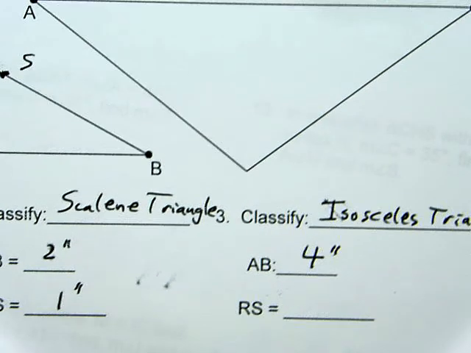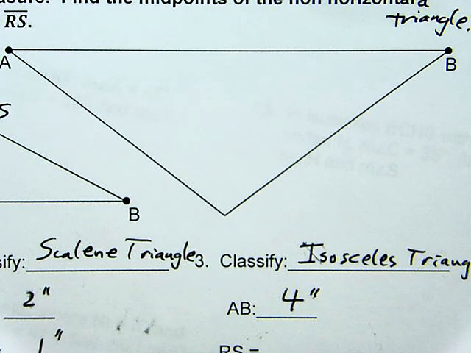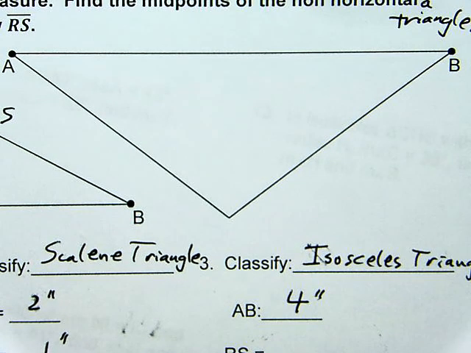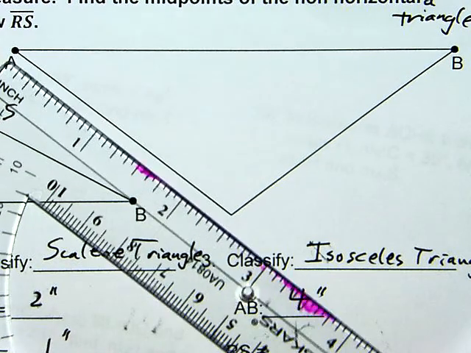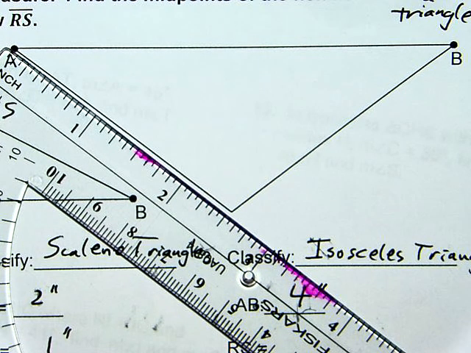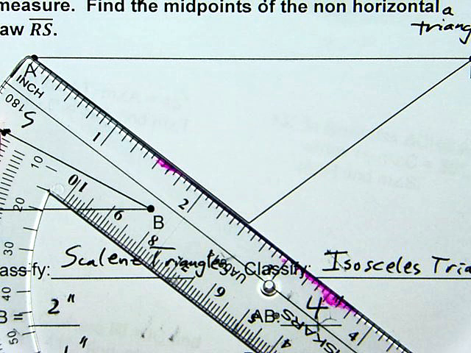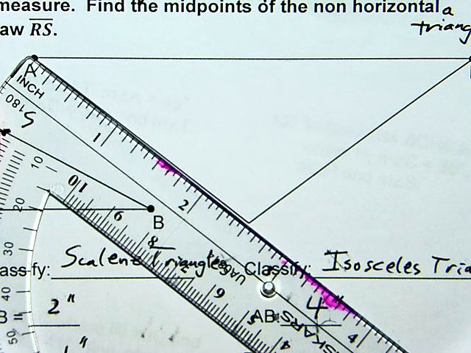Well, let's go ahead and see if this is true in an isosceles triangle as well. We already measured AB was 4 inches. Now let's measure the length of this side of the isosceles triangle. That comes out to be pretty much 2.5 inches. What would be the midpoint of 2.5 inches?